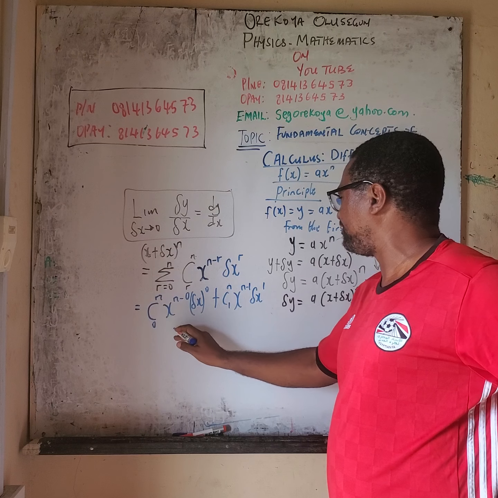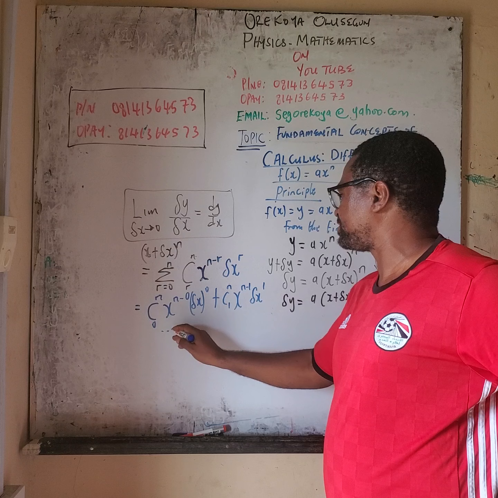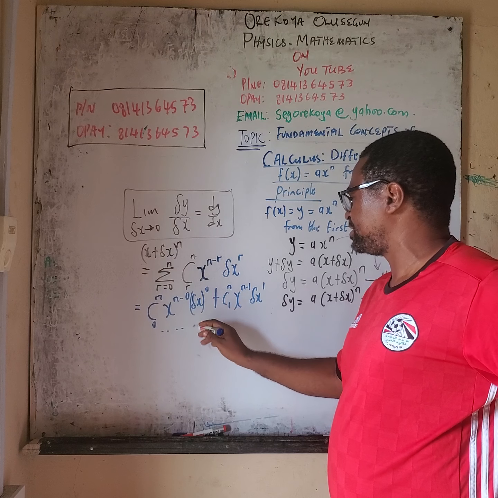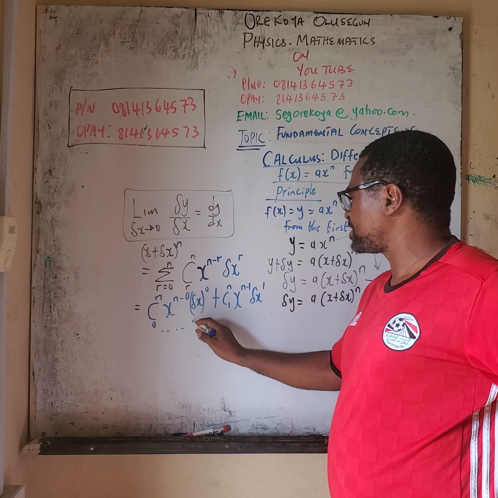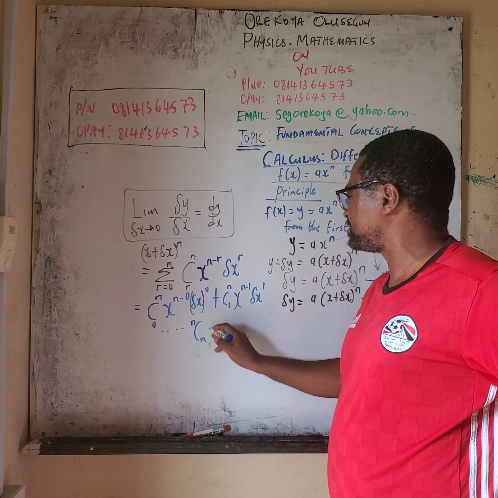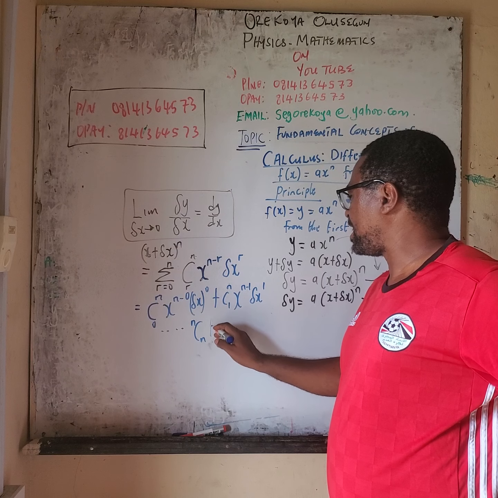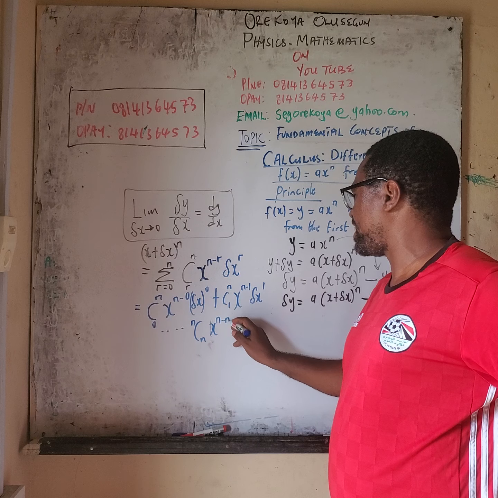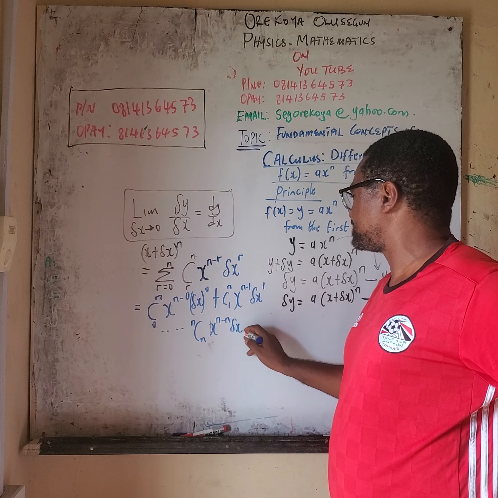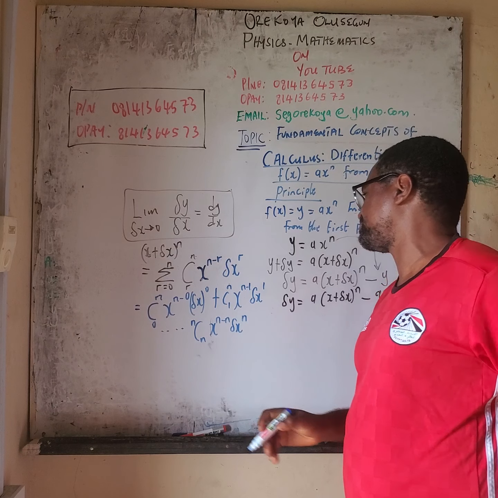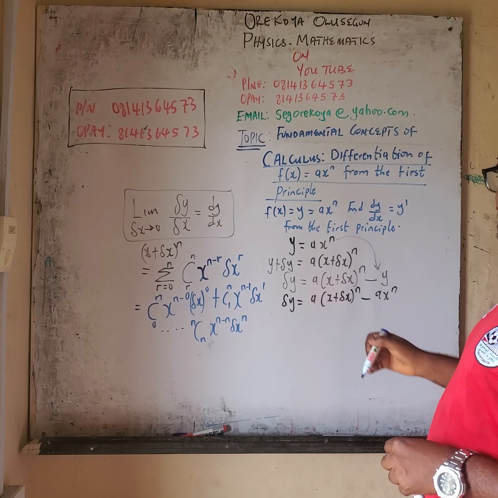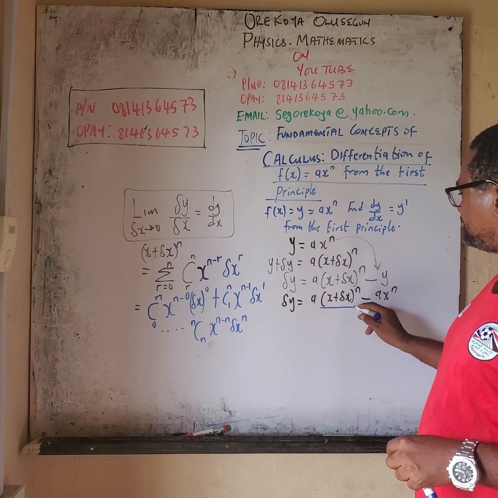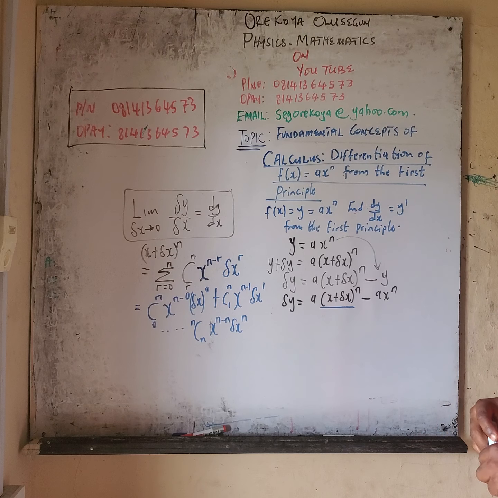Then I continue up to n choose n, x raised to power n minus n, delta x raised to power n. That is the expansion of this particular expression that I have here.